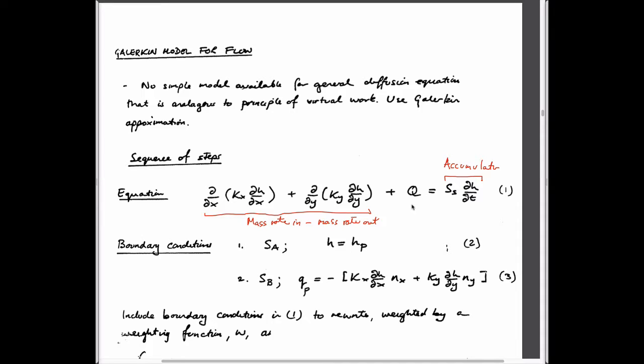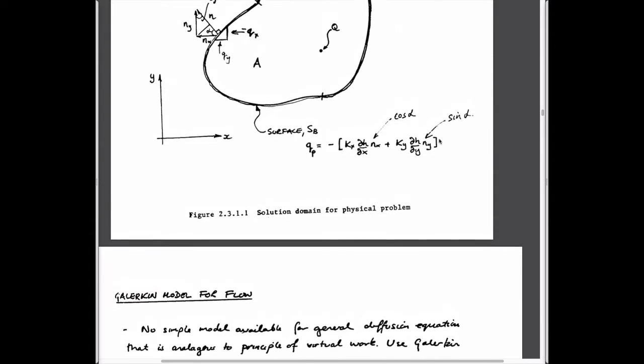And this Q could be an applied flux, a distributed flux. So it could be rainfall, for instance. If you have a flat area and rain is falling down at 1 centimeter a day, then Q would be the additional amount of 1 centimeter per day that's added to the system. So that term has just popped in there apparently from nowhere, but we won't worry too much about it.